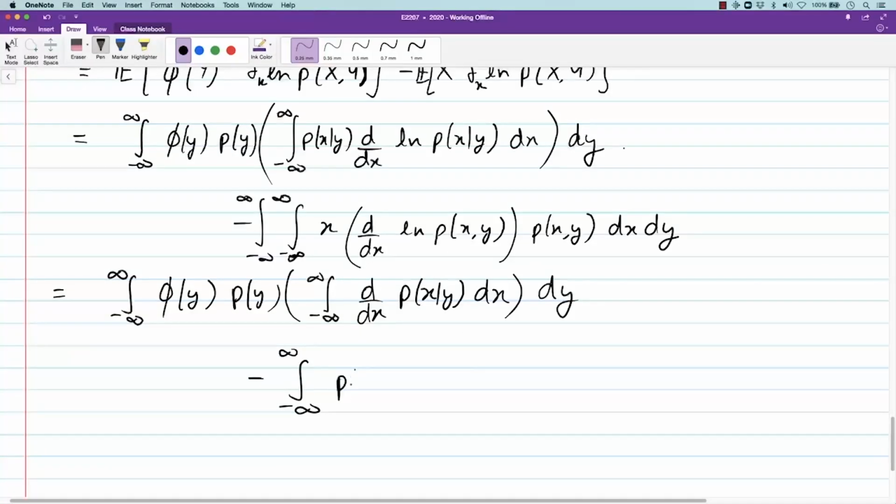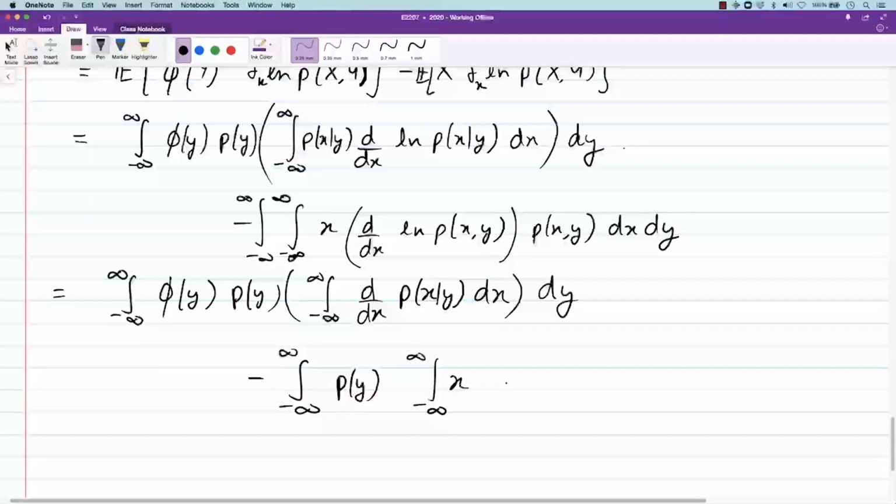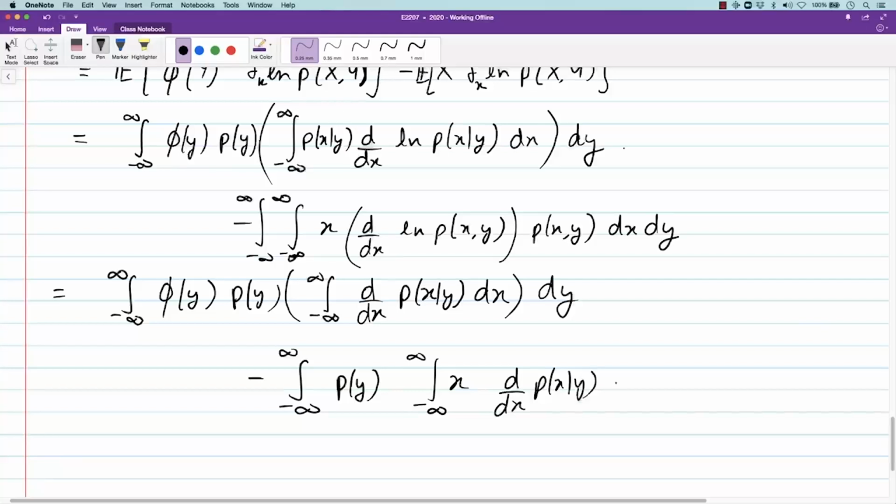So let me do the same thing, p of y times the integral from minus infinity to infinity of x. I'm just giving you the technical step without all the details. You have to carefully see how you can expand this integral, what you can take out of the integral, and what you can differentiate. All those things you have to take into account.